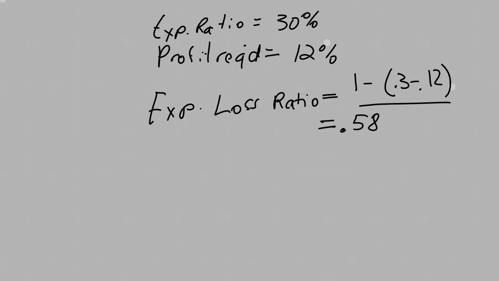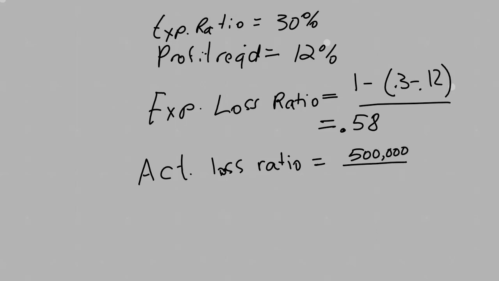And we can calculate the actual loss ratio as the 500,000 of incurred loss divided by 800,000 premium earned to get 0.625.